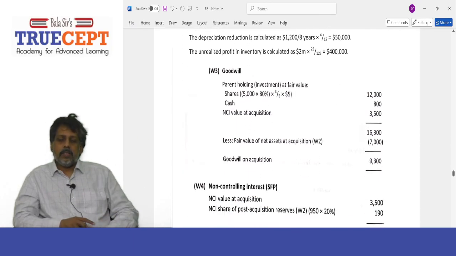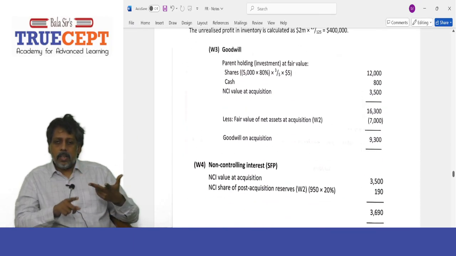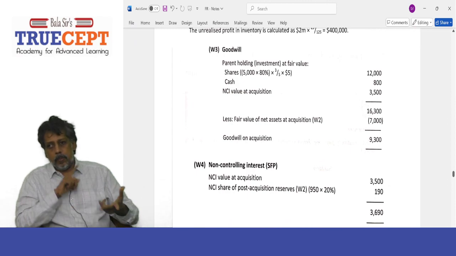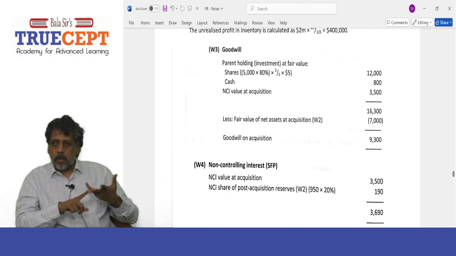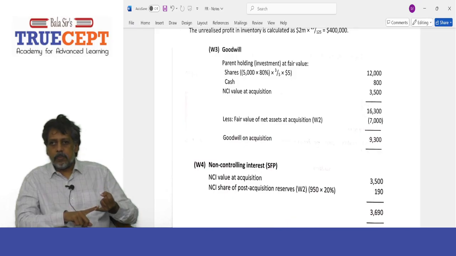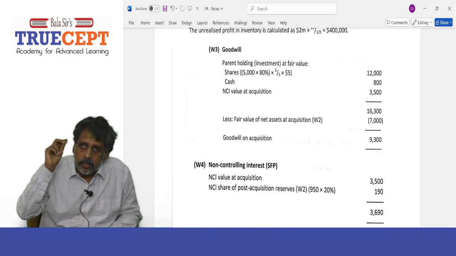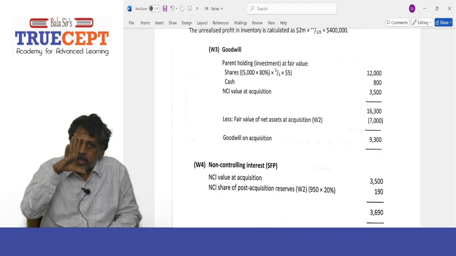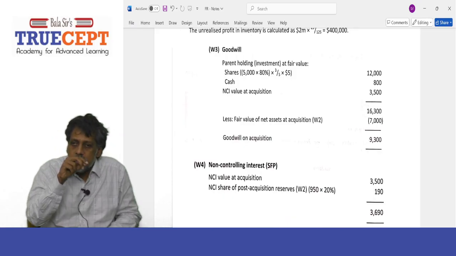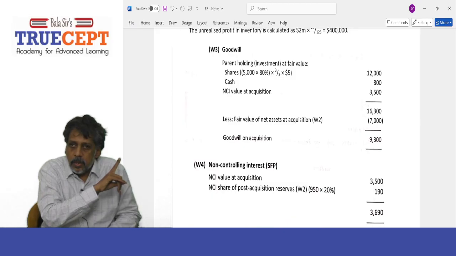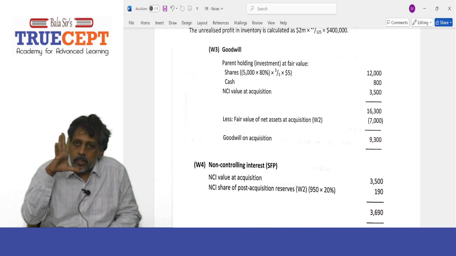Now we shall go ahead and take on Working Note number 3. Good. Very simple. Now first I've got to calculate the consideration I paid you people. Remember, I offered 3 for every 5 shares. Share capital was given as 5,000 in thousands and face value $1. That means you have 5,000 shares in thousands.